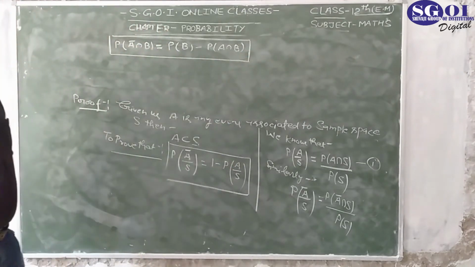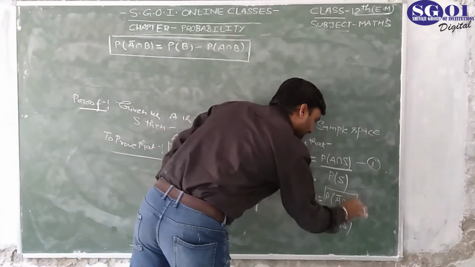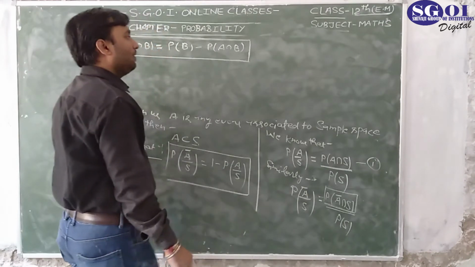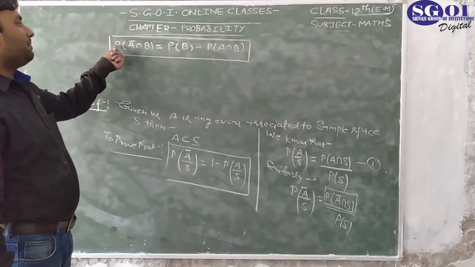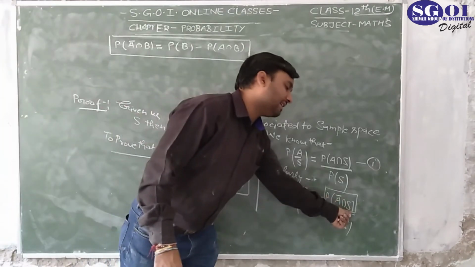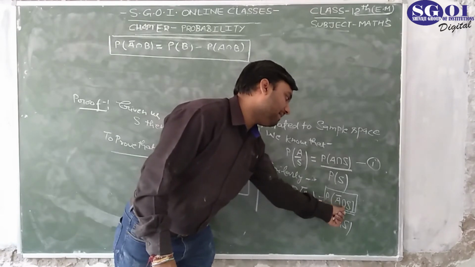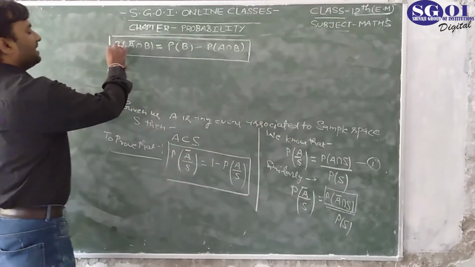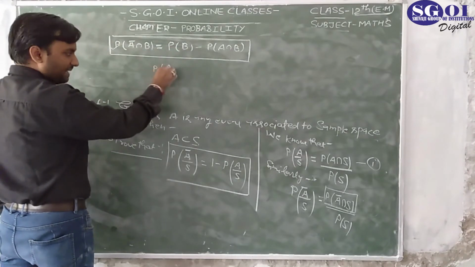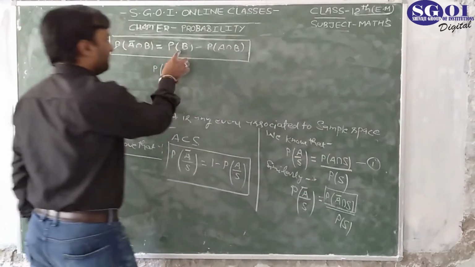So I am going to use this formula here. If I consider S as B, then we can get probability of A bar intersection B. So probability of A bar given S is equal to, here we will use this formula.